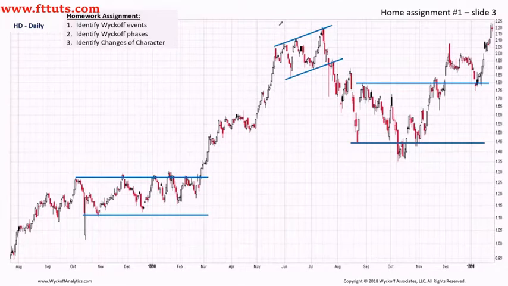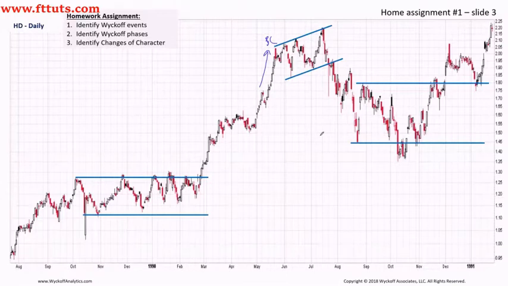What is the timestamp for the buying climax? Just after May, between May and June, there is a market acceleration of the price, almost a vertical parabolic rise. So that's where it leads up to the buying climax, and it's followed by a small pullback.